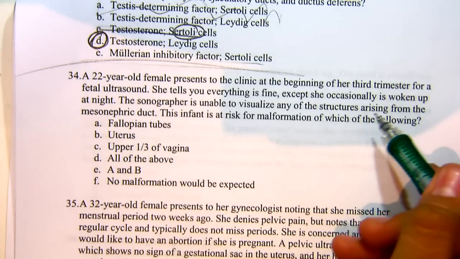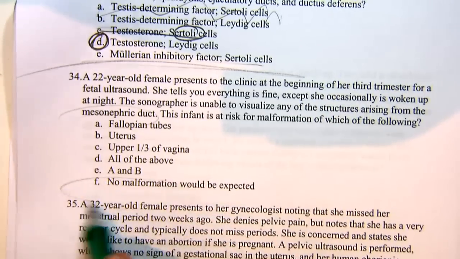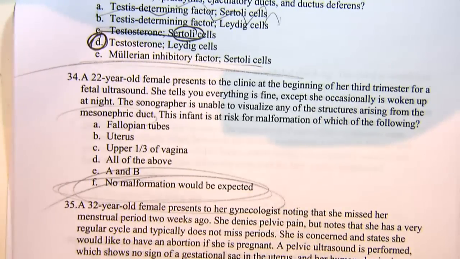So if you don't see the mesonephric duct, that either indicates you're a girl or you're going to be a messed up guy. So the answer for this one was no malformation would be expected, because the mesonephric duct does male body parts. So if you don't see those male body parts, you're fine if you're a female. Okay? Make sense?